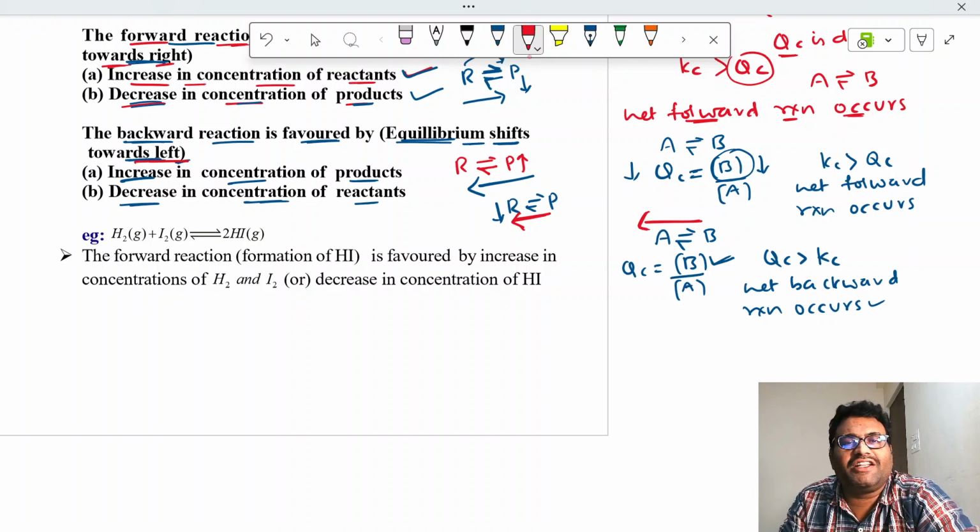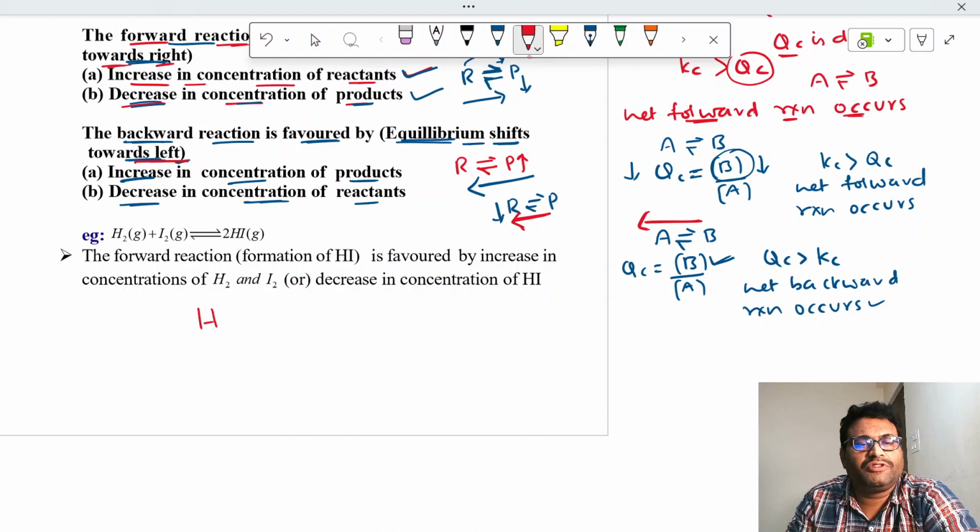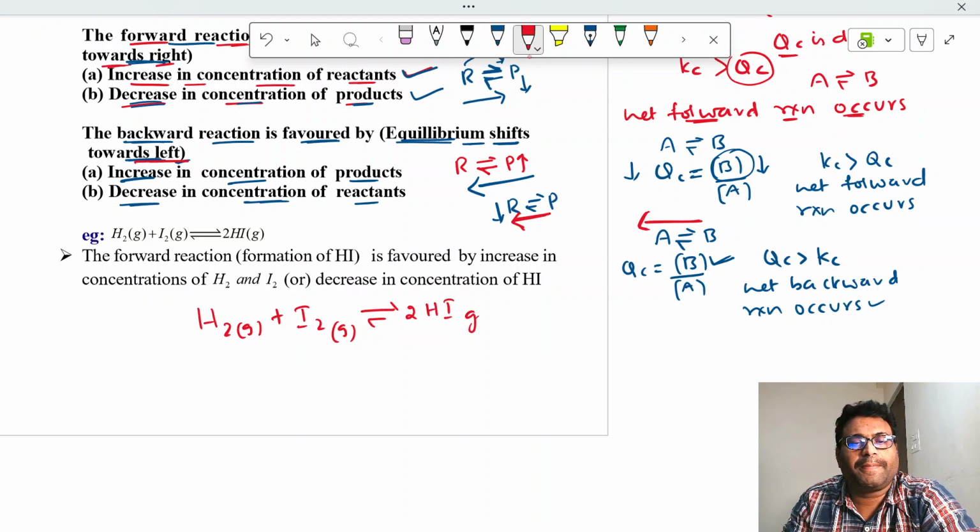So it is explained in terms of an example. See here, H2 gas plus I2 gas gives rise to 2HI gas.